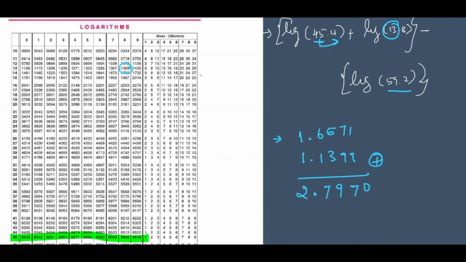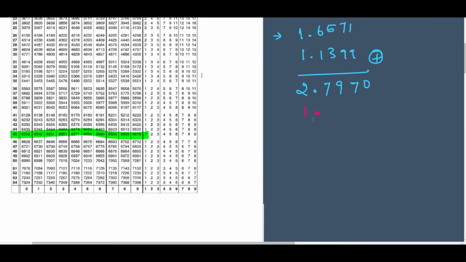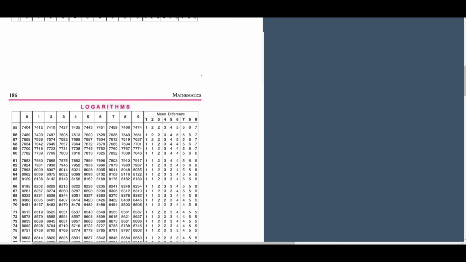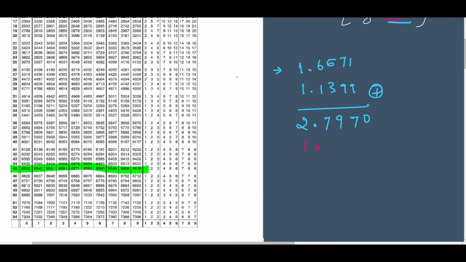So next we are going for the subtraction here. For 59.2, 2 digits are there, so we have to go for 1. So next 59.2 we have to follow, 59 is here, number 2 is here, 7723, so we have to write 7723 here.